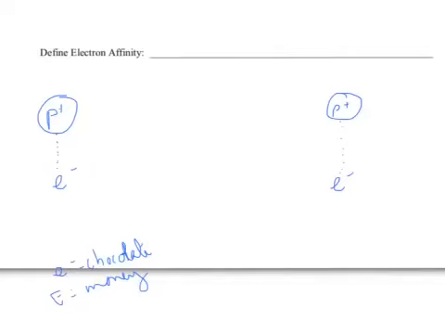Let's say you're the atom and you have chocolates, and we're trying to take away a piece of chocolate from you.